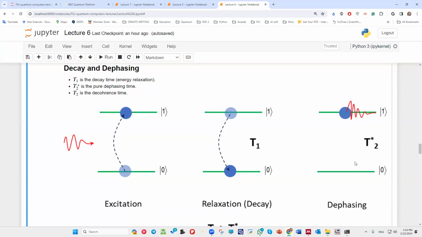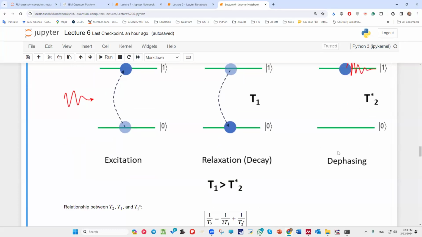If dephasing time is large, the system preserves the quantum state for a long time. Okay, and this dephasing time basically limits all the quantum operations, quantum algorithms. It limits all the quantum effects that we hope to use in a quantum computer. So we need systems with very long dephasing time.